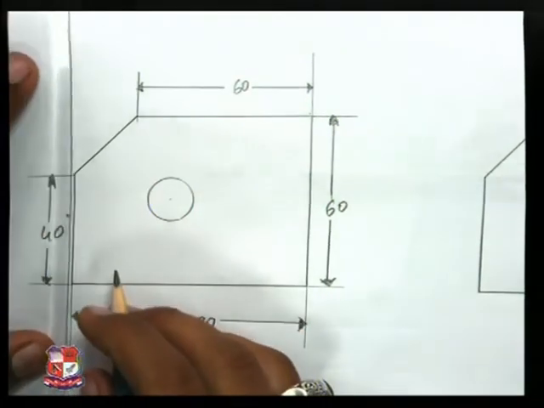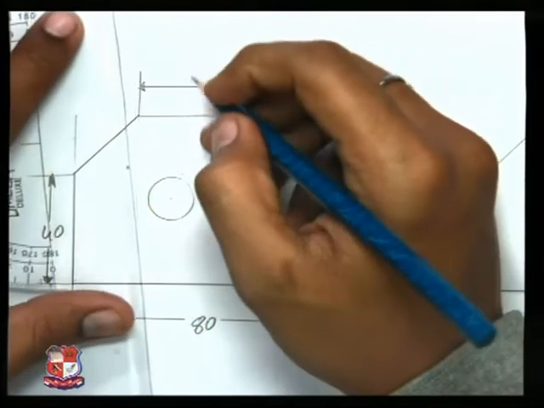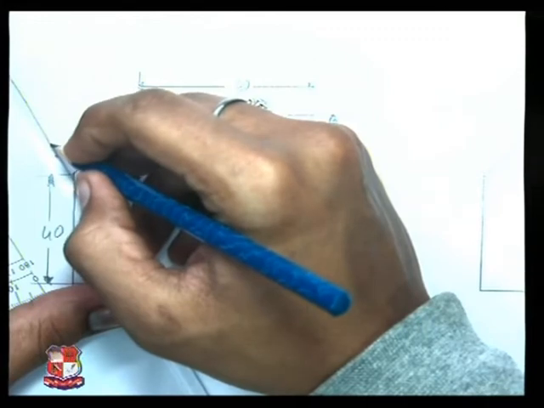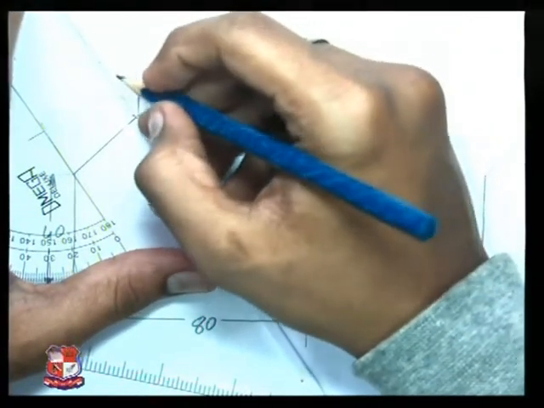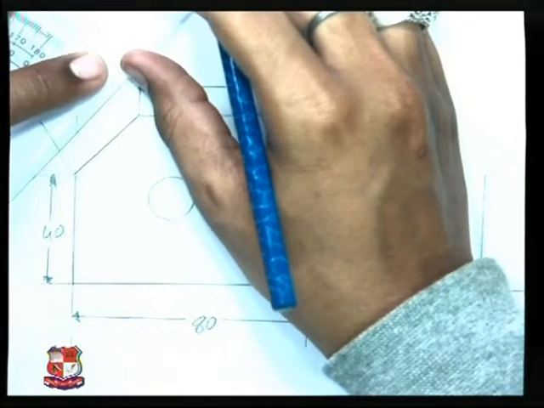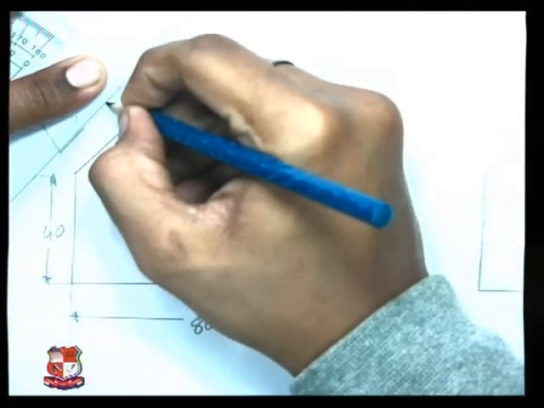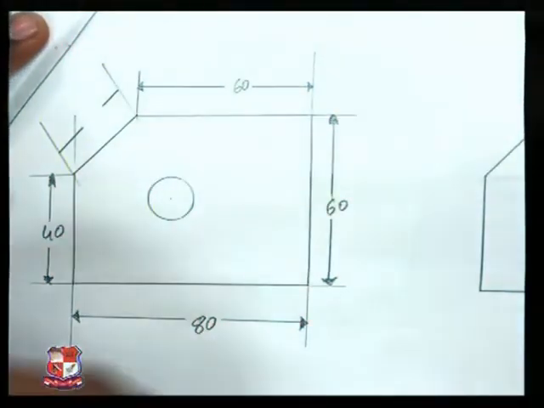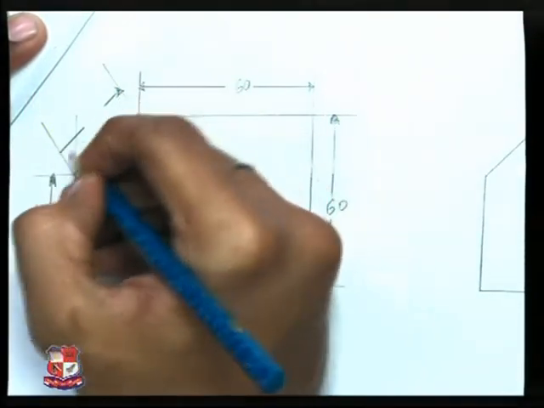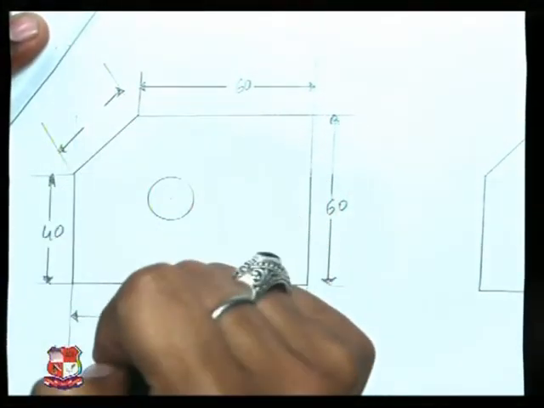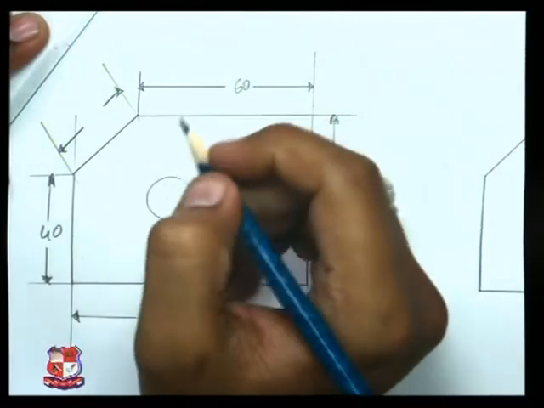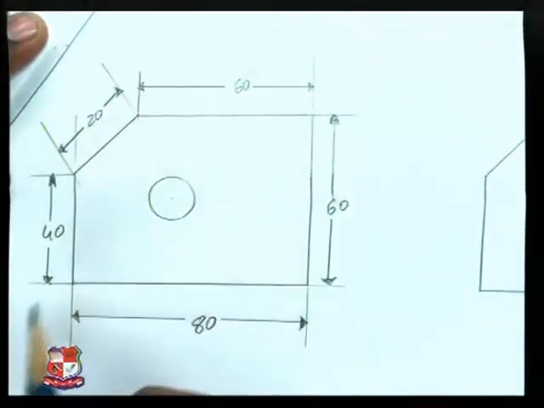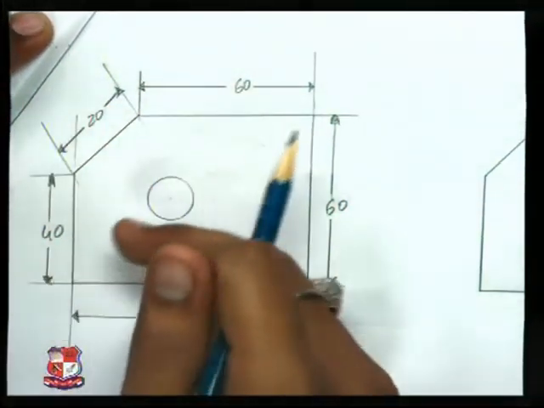Now let's see how we can give the aligned dimension. Dimension line should be parallel to the aligned line, closed filled arrow on both the sides, but the dimension should be visible from the front side itself.